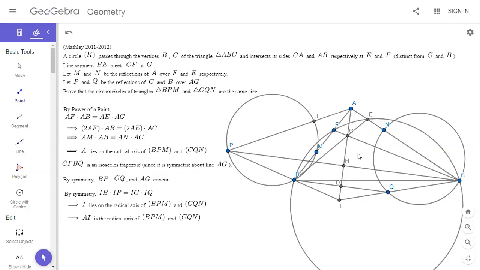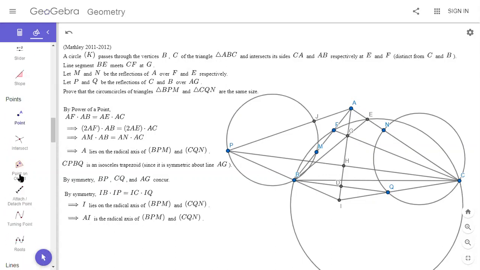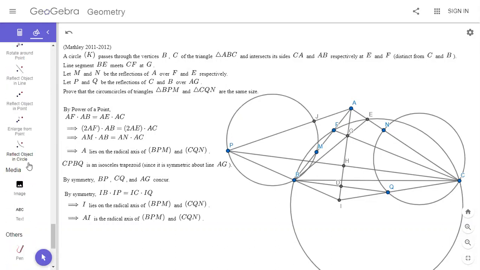Yeah, we can try moving that. But if we are reflecting over G, G has to be something. So yeah, I'm gonna finish writing up the solution, but I wonder if G could be any point. Like, does G even have to be the intersection of BE and CF? I don't think it does.